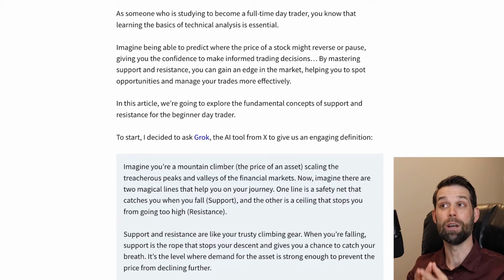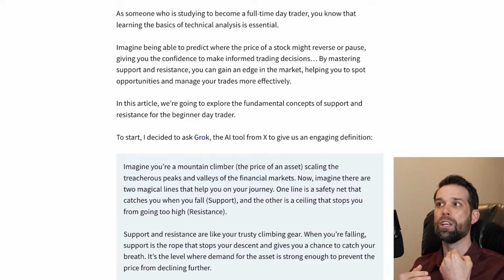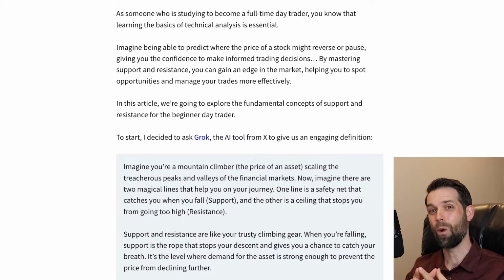By mastering support and resistance, you can gain an edge in the market, helping you to spot opportunities and manage your trades more effectively. That's the sales pitch for support and resistance: being able to forecast where the price of a stock might reverse or pause, and just knowing that information could give you an edge in your trading.